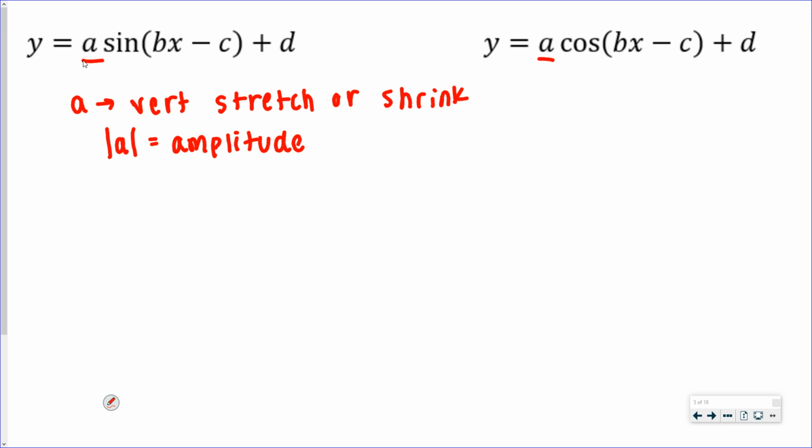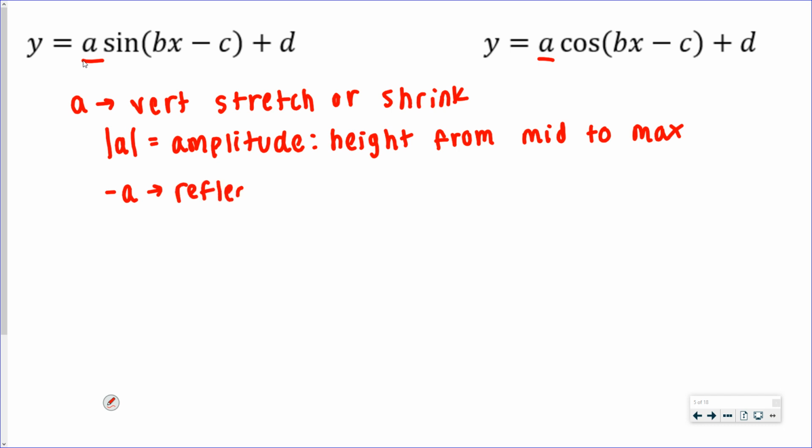Height from min to max, if you want to write that down. If A is negative, that's a reflection.